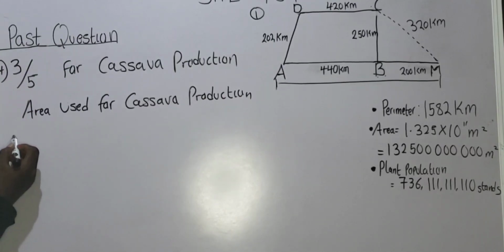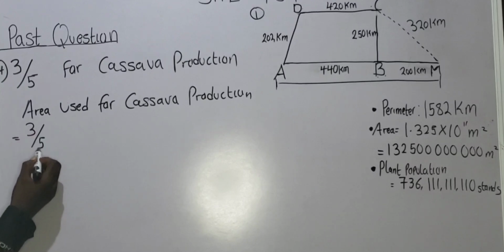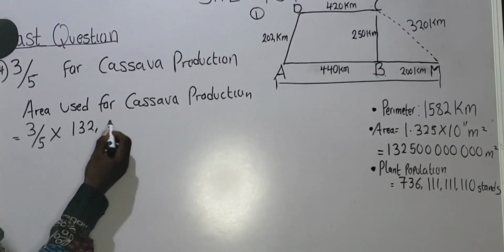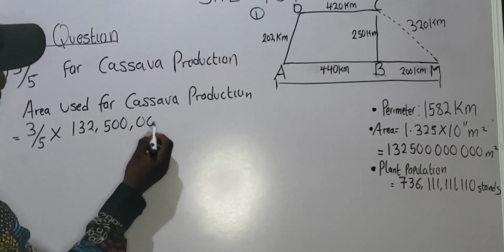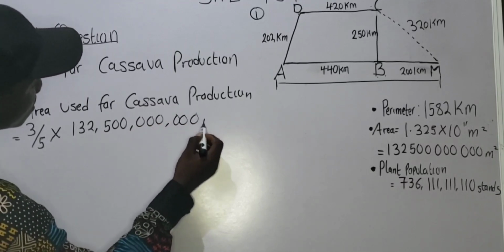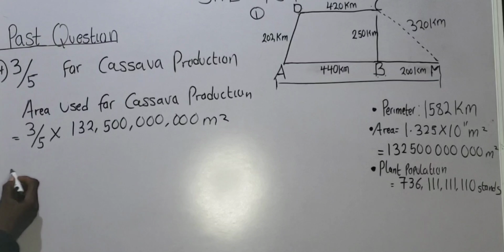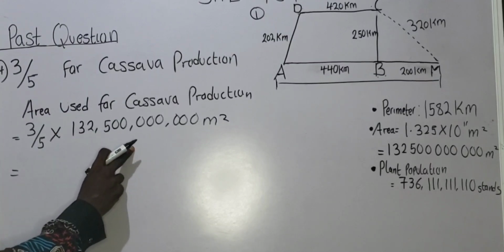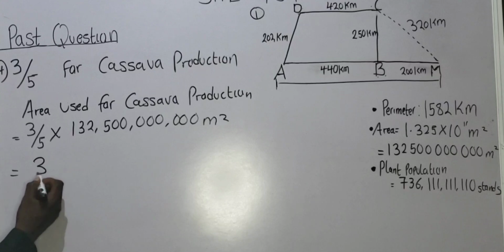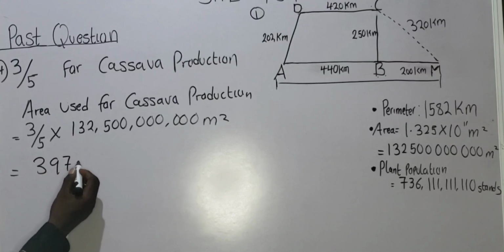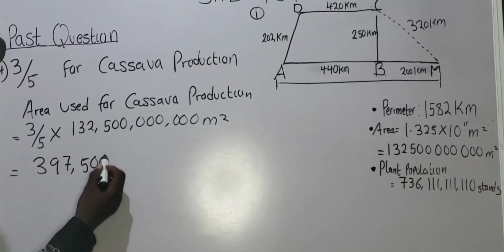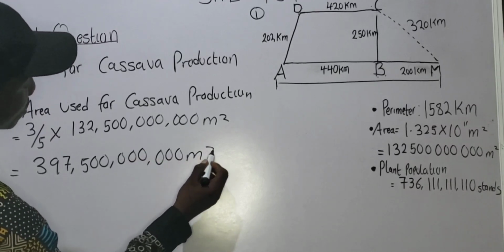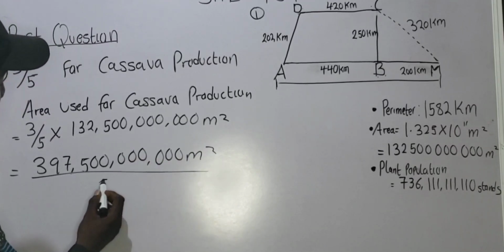So that will be what? 3/5 multiplied by the total area. The total area is what? 132 billion 500 million meters squared. Don't forget the unit. So if you punch this, 3 multiplied by 132 billion 500 million meters squared, that is 397 billion 500 million meters squared all over 5.